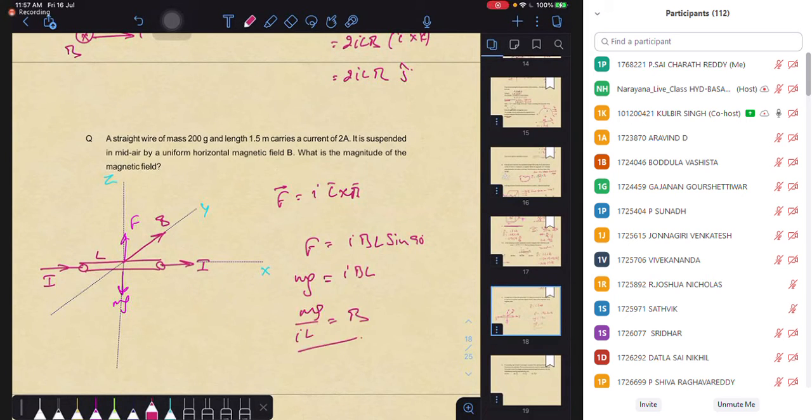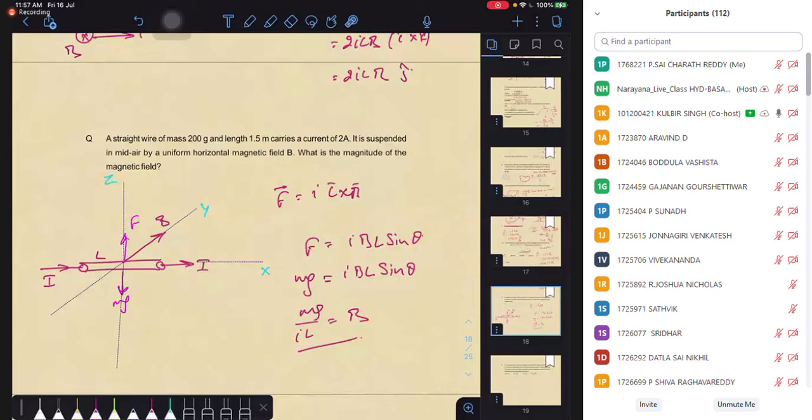So there is one twist. It was not in the question, but in the concept there is a twist. Theta is not necessarily 90 degrees. You can have a non-90 theta also. We require some force, so the magnetic field should not be parallel to the current.